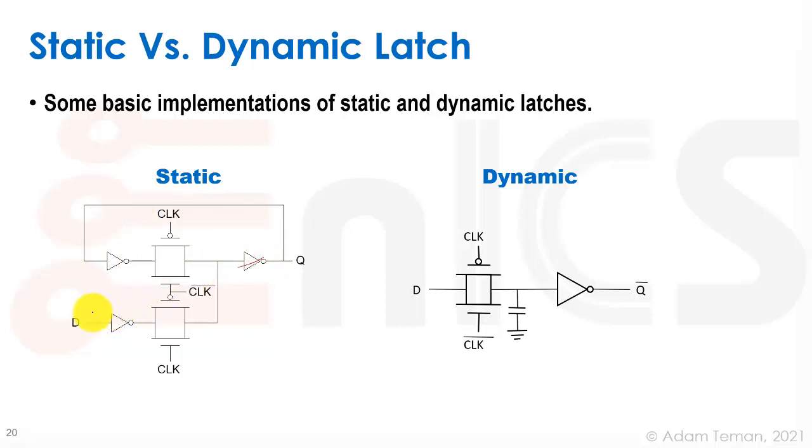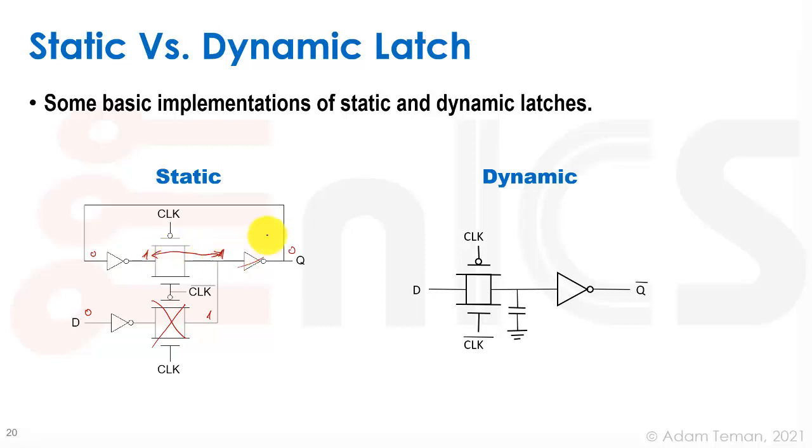So if we put a 0 here, we're going to get a 1 over here, and the 1 is going to turn into a 0 over here, which is going to turn into a 1 over here, and the 1 and the 1 agree with each other, so we get this bistability, and we strongly hold this operation. So once clock goes down and this transmission gate closes and this transmission gate opens, we're going to have the same value on both sides of the transmission gate.